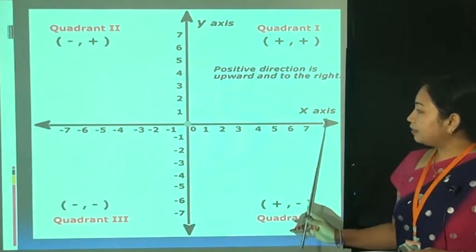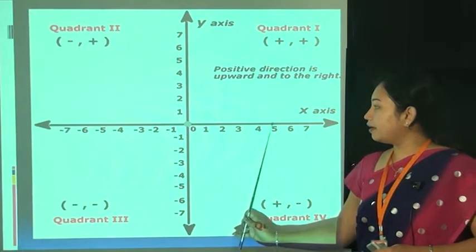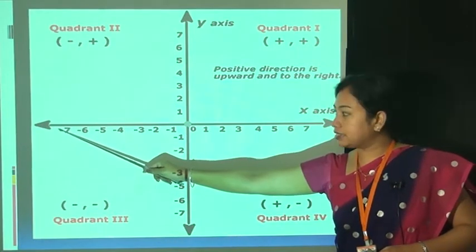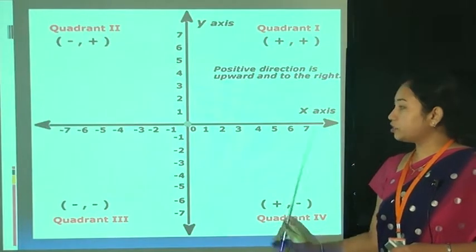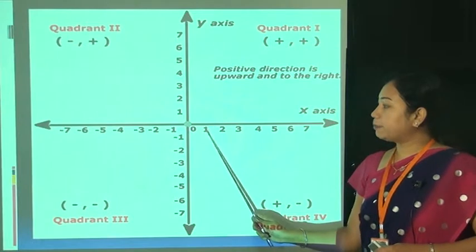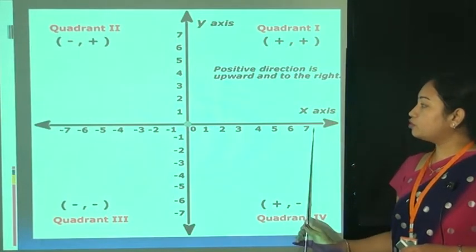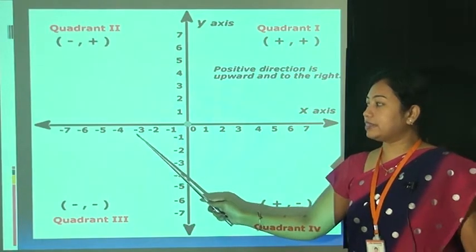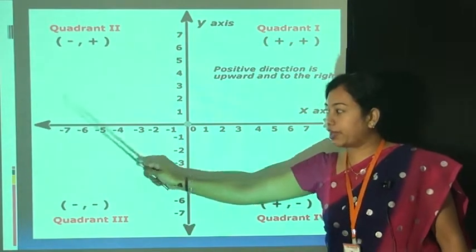Here you can see there is a line or axis XOX'. As discussed earlier, x is in positive direction and x' is in negative direction. That means we take positive values 1, 2, 3 and so on along the x axis, and negative values -1, -2, -3 and so on in the negative direction.